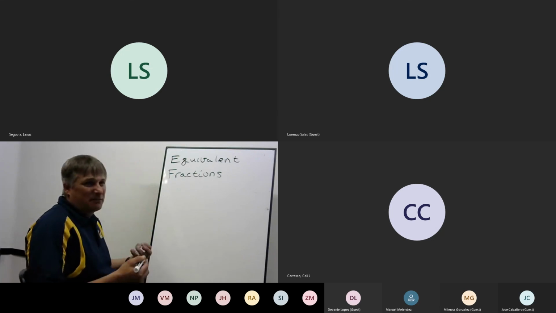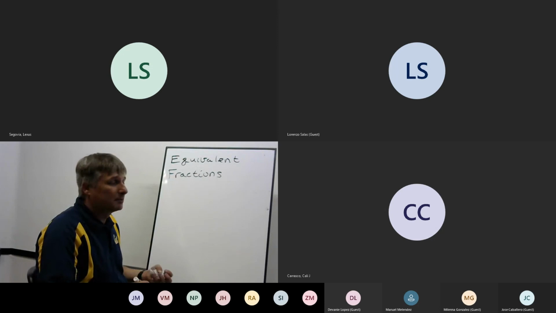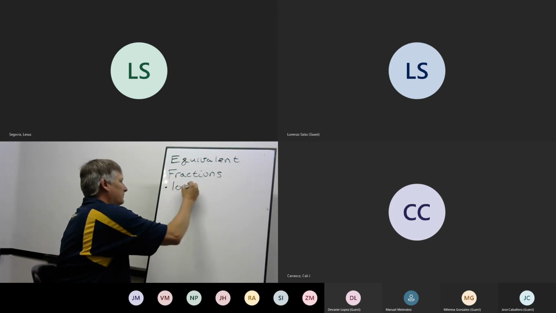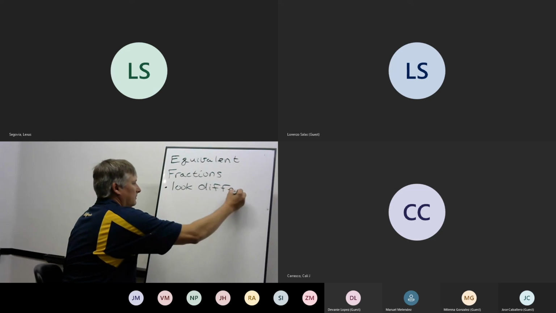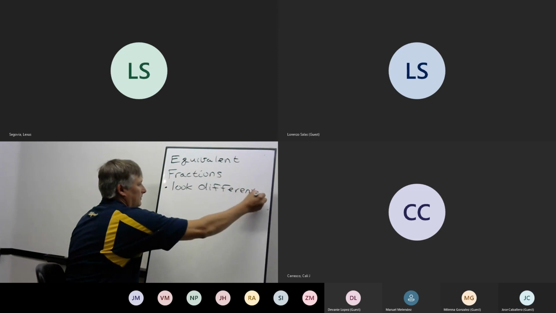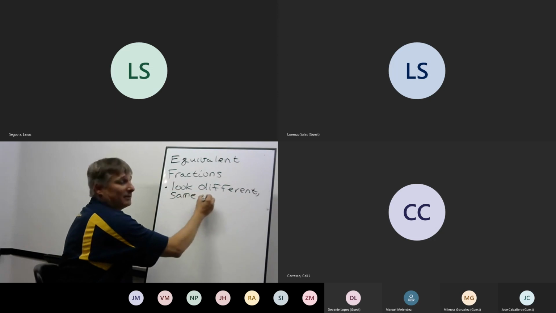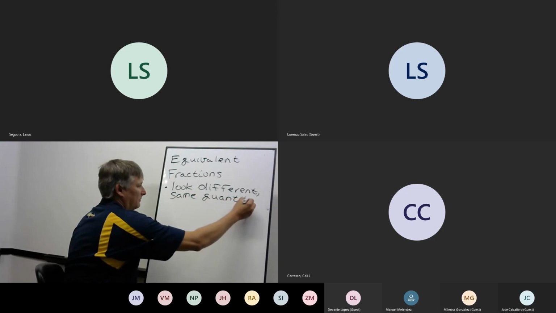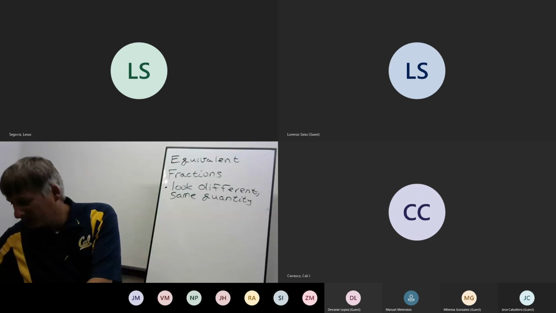So again, this is sort of like fractions that are reduced versus when they were before they were reduced. So they look different, but they're the same quantity.